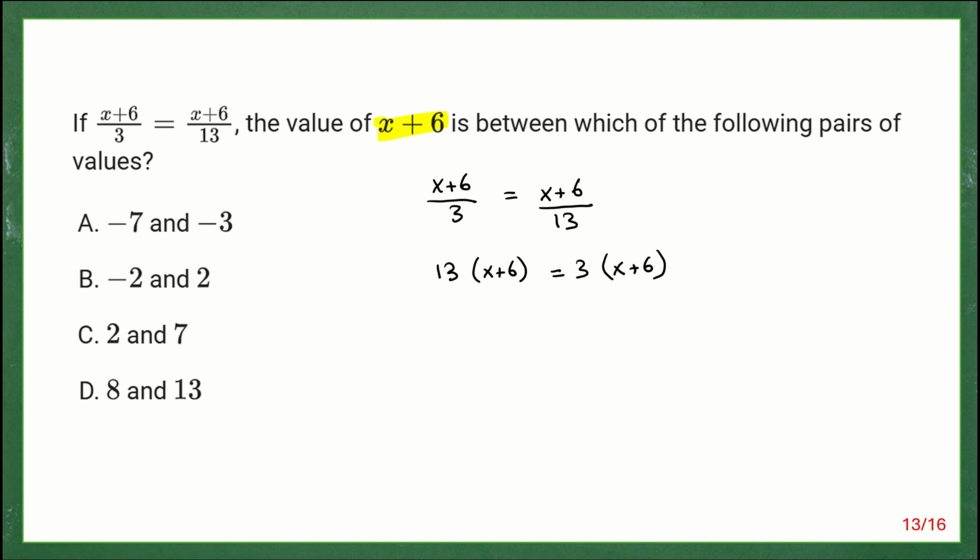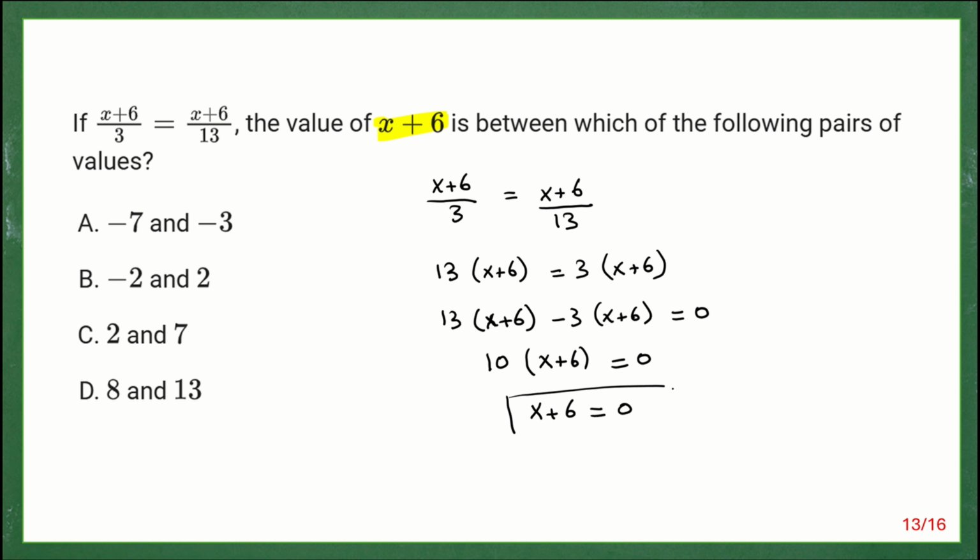Let's move the terms to one side, so I have minus (x plus 6) equals 0. Doing the subtraction, this becomes 10 times (x plus 6) equals 0, or x plus 6 equals 0. So the value of x plus 6 is equal to 0.